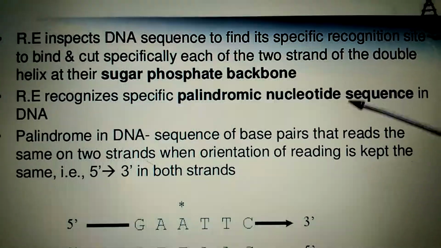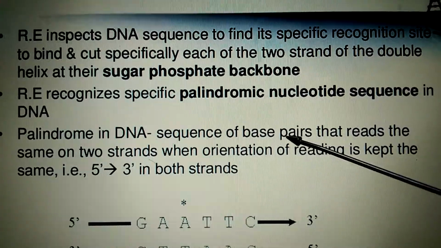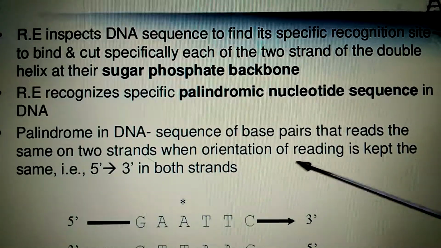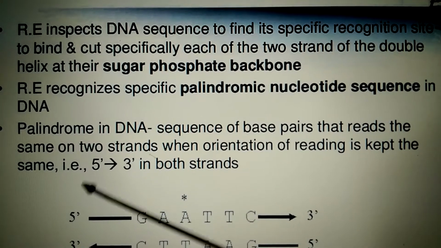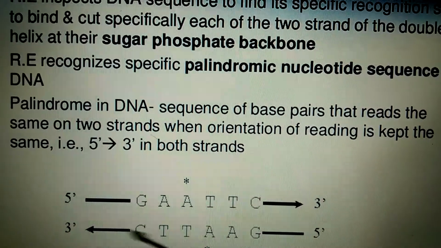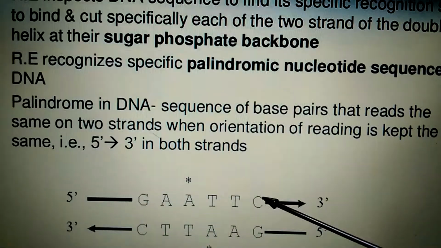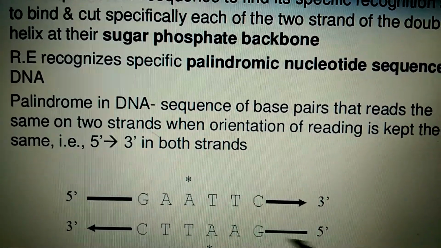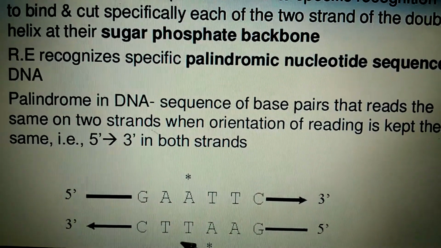What are palindromic nucleotide sequences? Palindromic nucleotide sequences are sequences of base pairs that read the same on the two strands when the orientation of reading is kept the same. That is, if the sequence in the 5' to 3' direction is GAATTC, similarly, when the parallel strand of DNA is read from 5' to 3', the sequence will again be GAATTC.